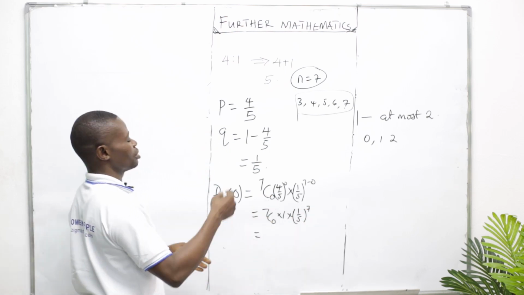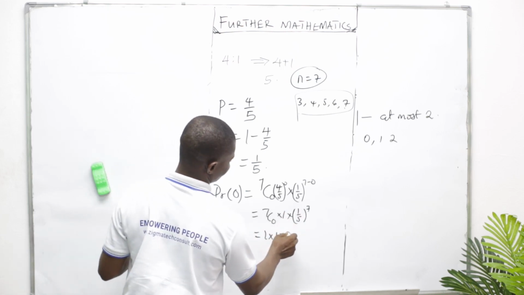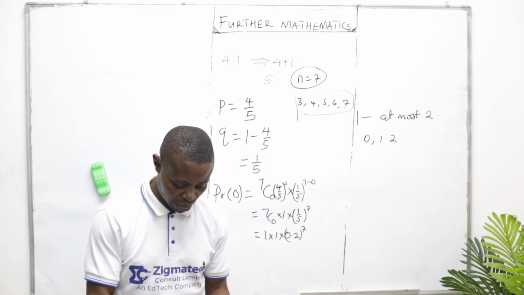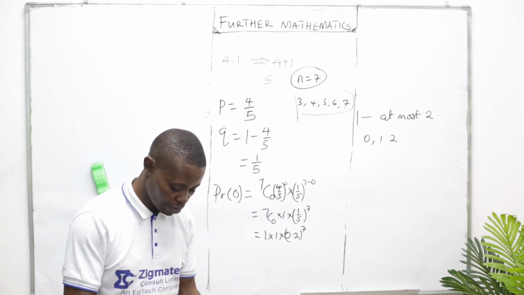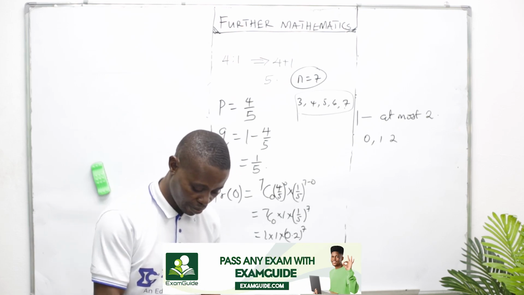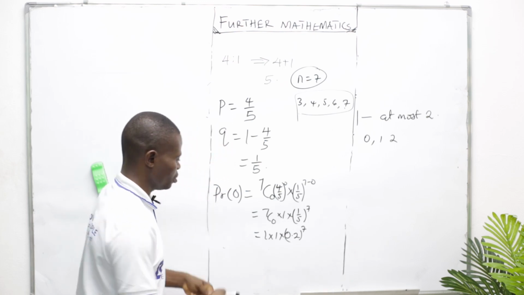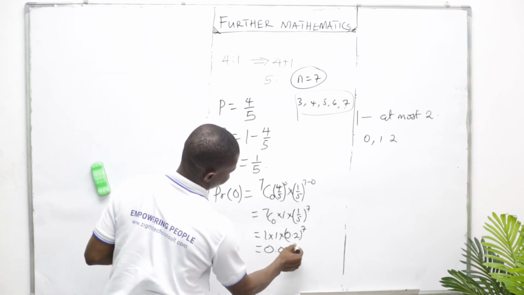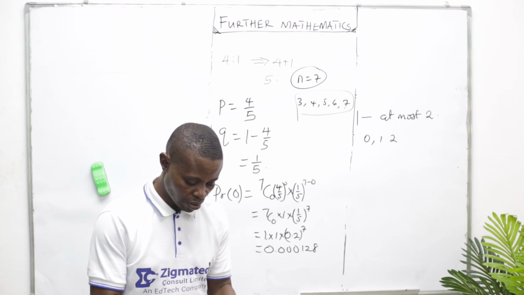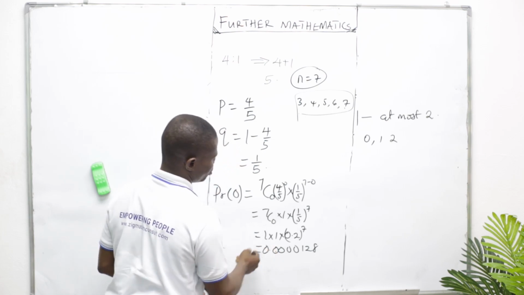To give us 7 combination 0 is 1 multiplied by 0.2 raised to power 7, which is 0.000128. So this is what you have.